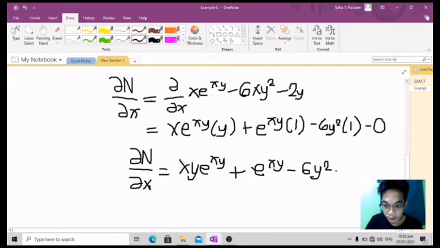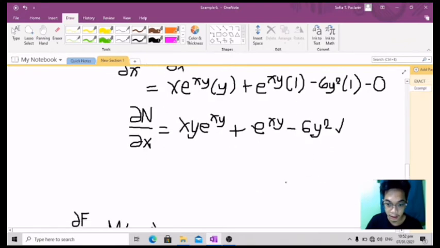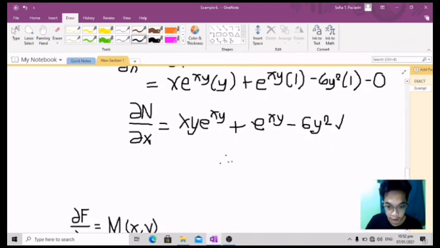So it is obvious that our differential equation is exact.